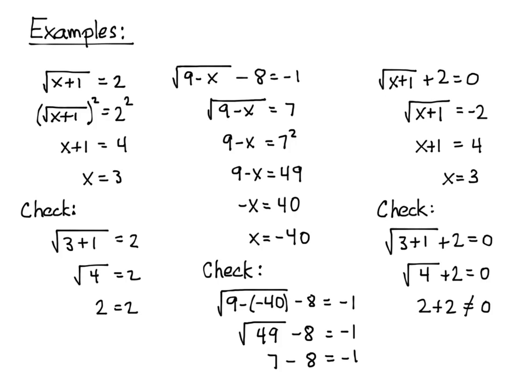So this doesn't work. Every step that I took was proper according to the way that we're doing these things, but I'm getting a solution that doesn't work. Anybody know why? Where does this thing go wrong? Like extraneous solutions? Yeah, why do I get extraneous solutions out of this?